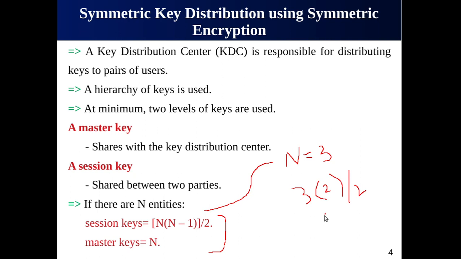It will give you 6 by 2, and that is equal to 3. So if we have a total of 3 communicating parties, then the total number of session keys required is 3. On the other hand, the total number of master keys is equal to n, which means 3.